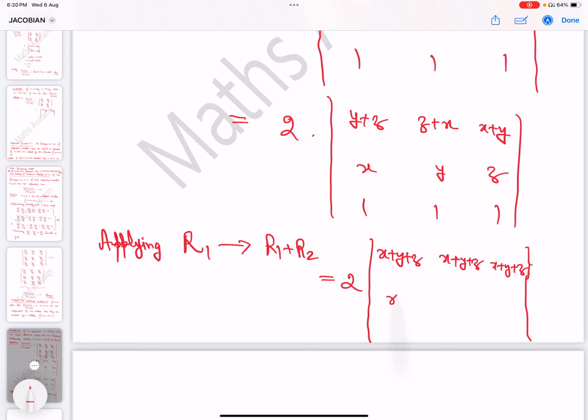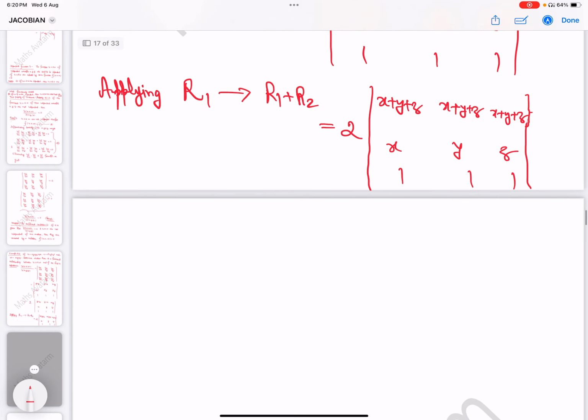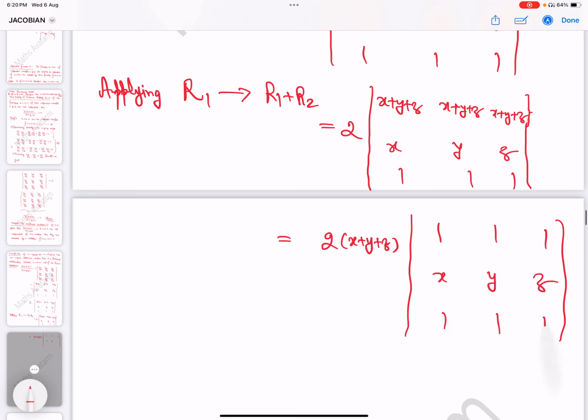Okay, x, y, z, 1, 1, 1. You can take x, y, z common. 1, 1, 1. X, Y, Z. Now we have a determinant in which two rows are same.